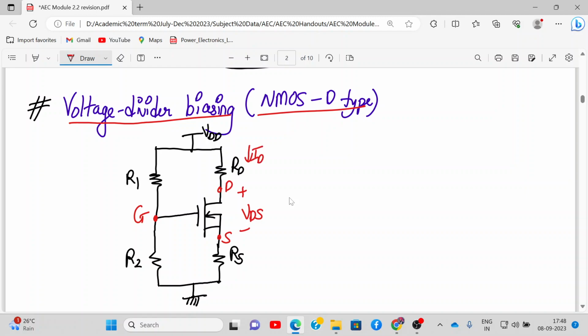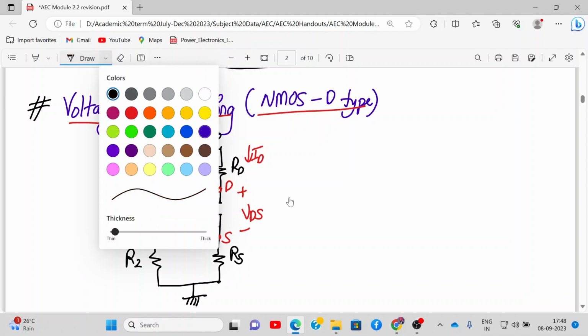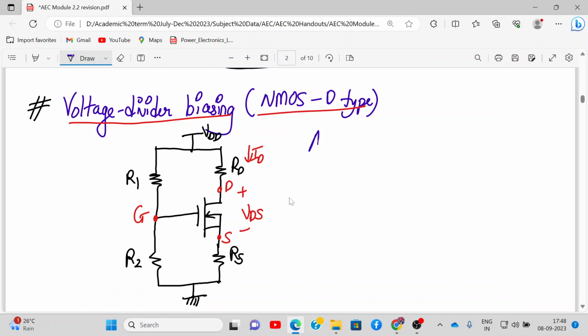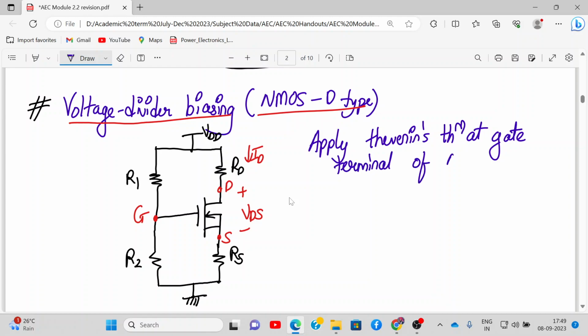Do you remember what we do next in voltage divider biasing? Anyone remembers? We apply Thevenin's theorem at the gate terminal of the MOSFET.